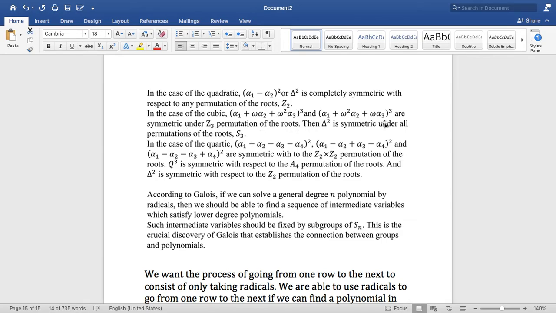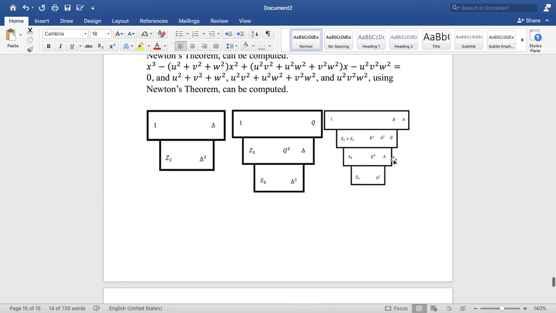Then z squared is symmetric under all permutations of the roots. The idea of the quartic is that the following are symmetric with respect to the Klein 4 permutation of the roots. Q cubed is symmetric with respect to the A4 permutation of the roots, and delta squared is symmetric with respect to the Z2 permutation of the roots. So what do we mean?